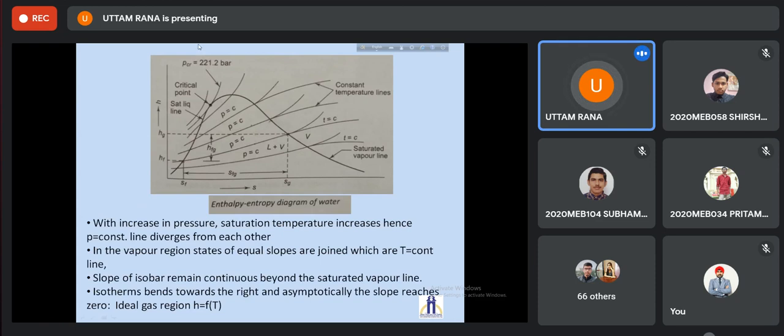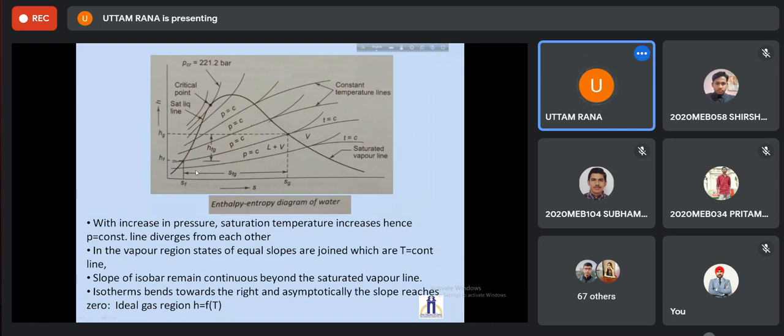Now, if you look into this HS diagram with a better insight, what is the speciality of this curve during the phase transformation process? You can see that the constant pressure lines are diverging. Why are the constant pressure lines diverging? Can you see that in this figure?